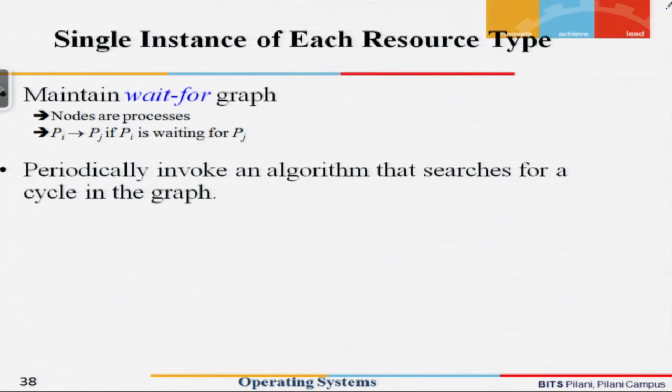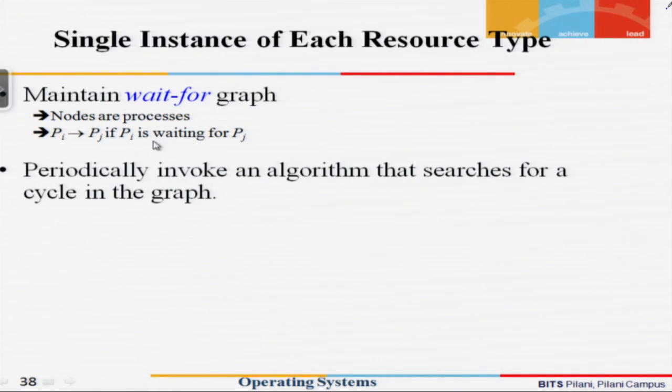In this case, the nodes are only going to be processes, and there are edges, so we say that Pi is waiting for Pj. A directed edge from Pi to Pj is indicative that Pi is waiting for Pj.